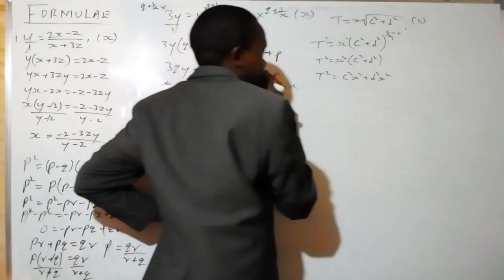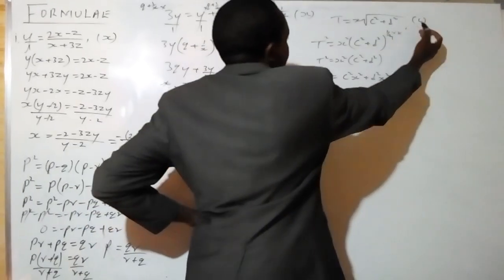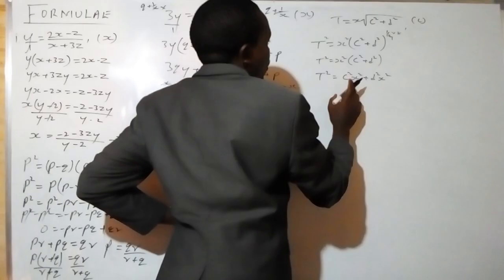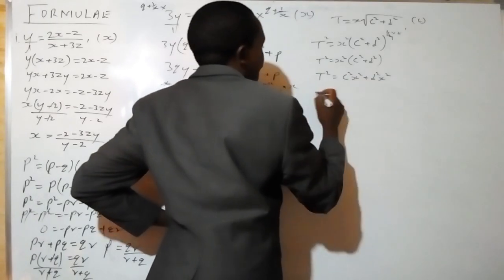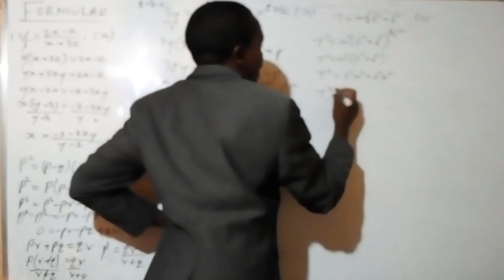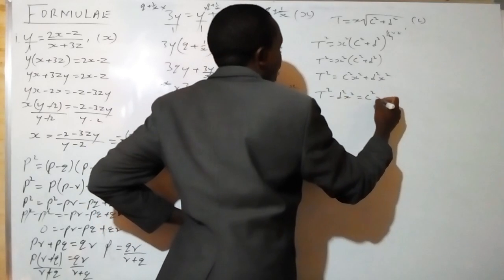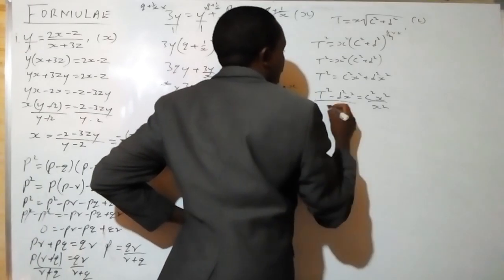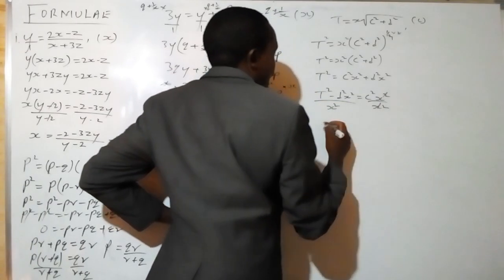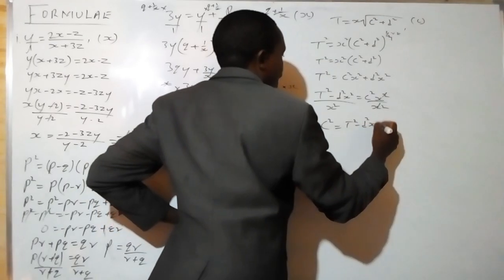Then after that, they want us to make c the subject of the formula, so we can be left with the values we see on our right hand side, and therefore d squared x squared. t squared minus d squared x squared is equals to c squared x squared, divided by x squared for x squared, and c squared is equals to t squared minus d squared x squared all over x squared.